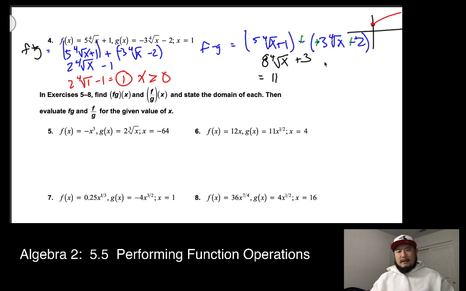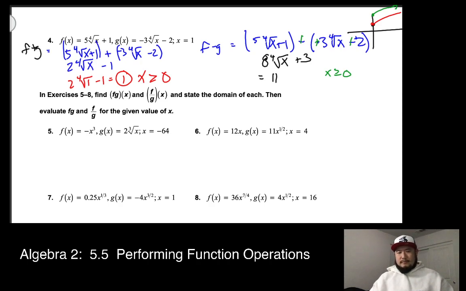What's my domain? Well, this time, instead of starting at positive 1 for y, it's going to be up here at 3, and it does kind of the same idea, right? So that means my domain should be pretty much the same, where x is greater than or equal to 0.